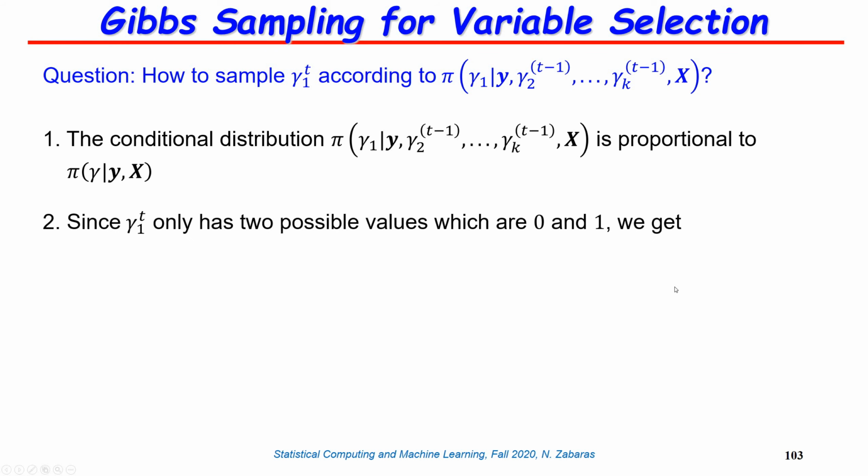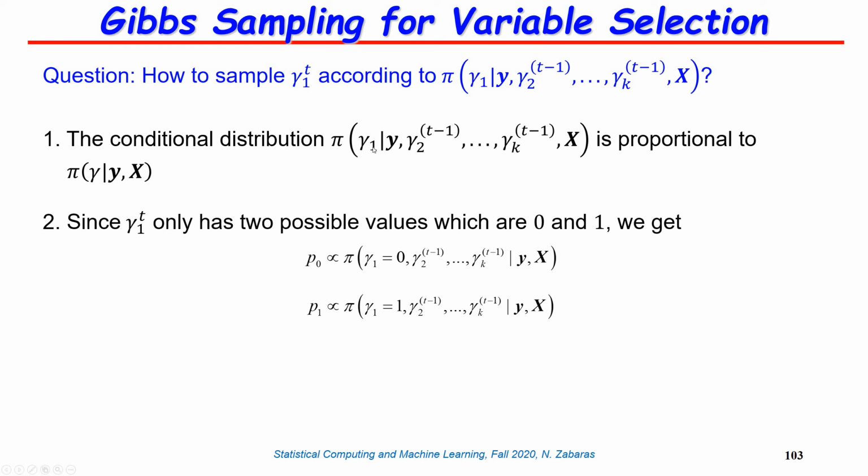All right. So I mentioned before that these conditional posteriors are basically proportional to the posterior of the whole of gamma. I'm writing here: the posterior of gamma 1 given all the other gammas is proportional to the posterior of gamma 1, gamma 2, up to gamma k, where obviously all the other variables are fixed to whatever values they have.